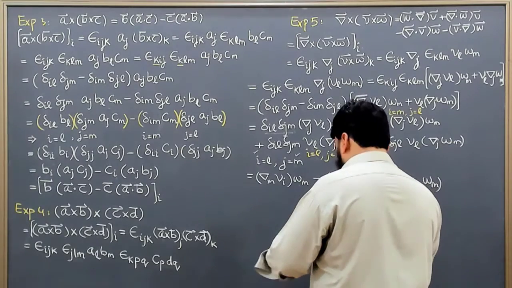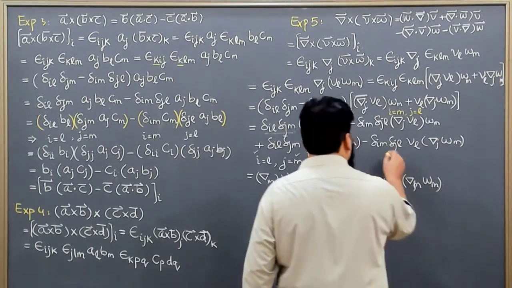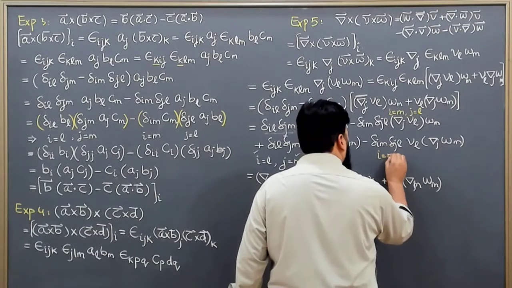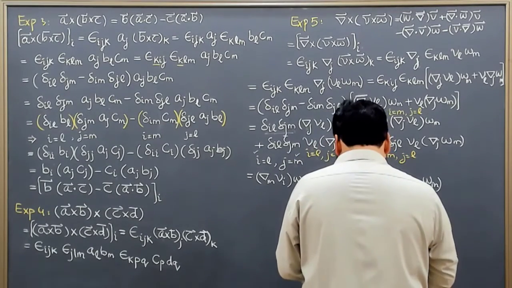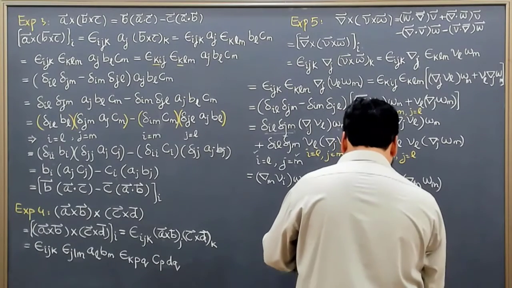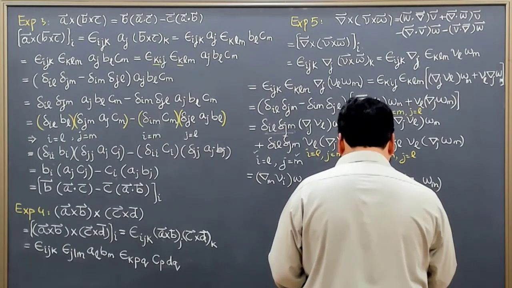The last term here is I equals M and J equals L. So wherever I will have the terms, I will have to go accordingly here.